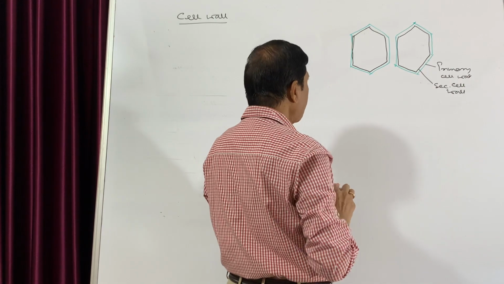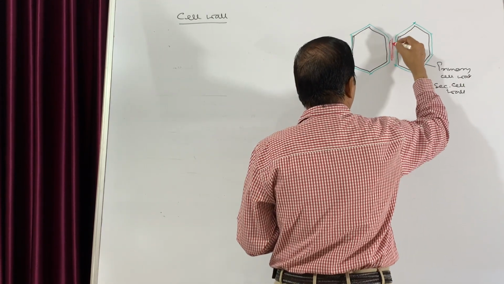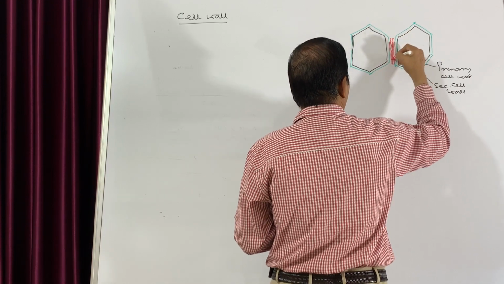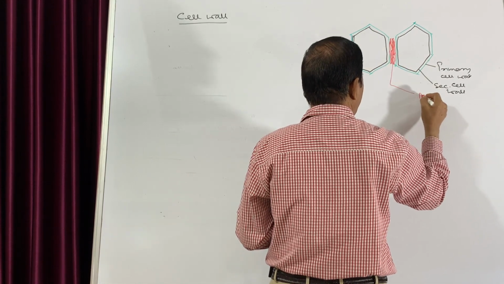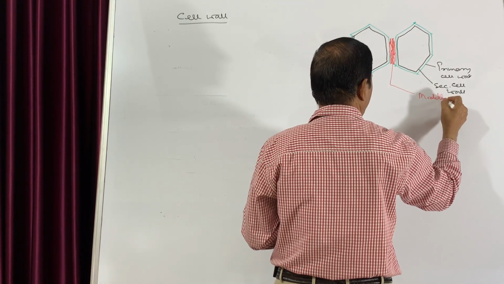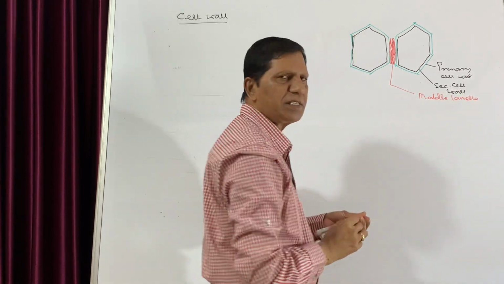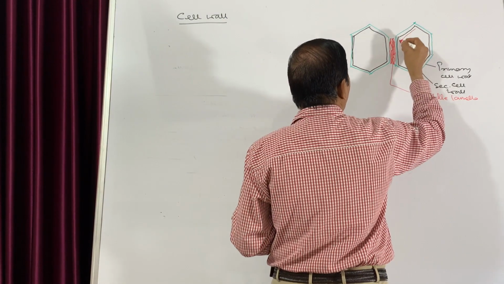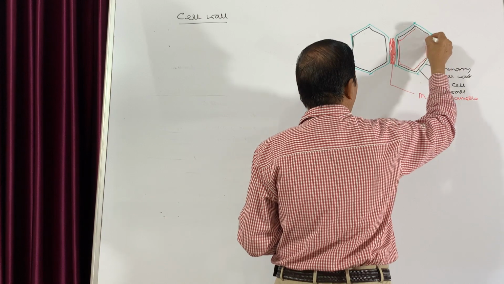And in between, this part is known as the middle lamella. Then in some cells, there may be another layer inner to the secondary wall, but it is very rare.